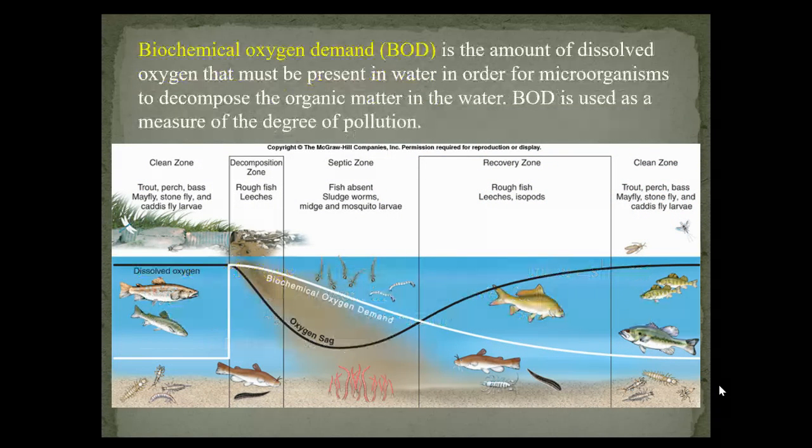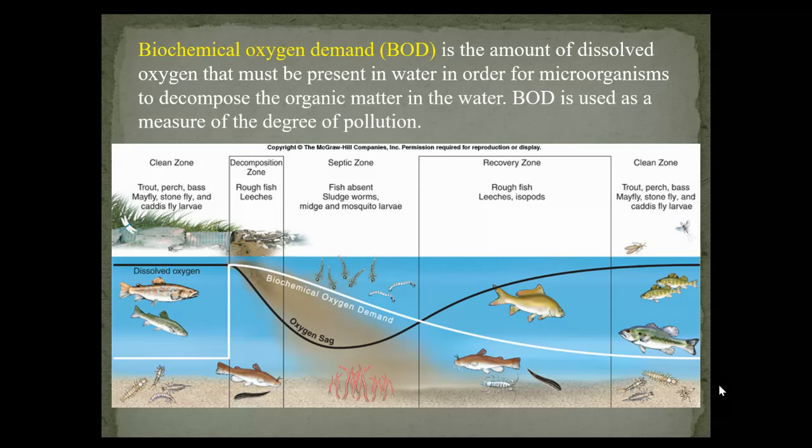Now, a way to measure that is what we call the biochemical oxygen demand. Sometimes that's abbreviated to BOD. So it's telling you how much oxygen is needed to decompose the organic material in the water.